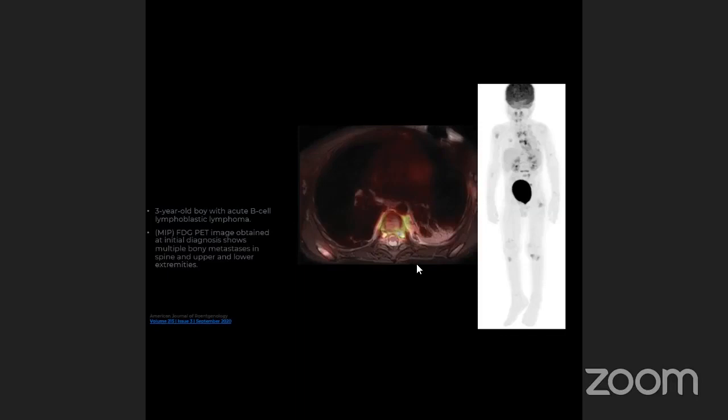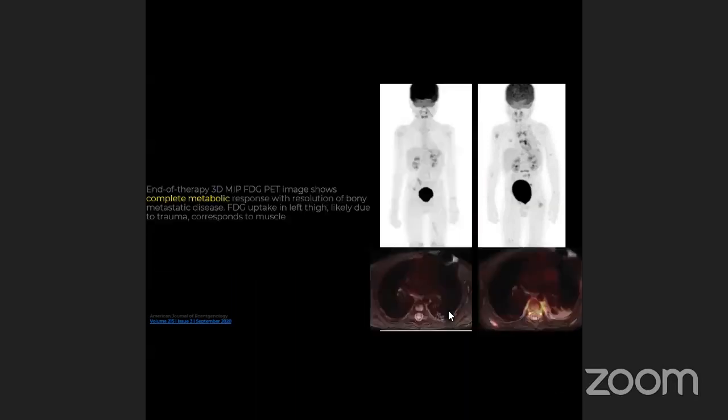And you can also see some metabolic activity in the bones. So you see the primary and you see the activities in the bony lesions, vertebrae and proximal appendicular lesions.